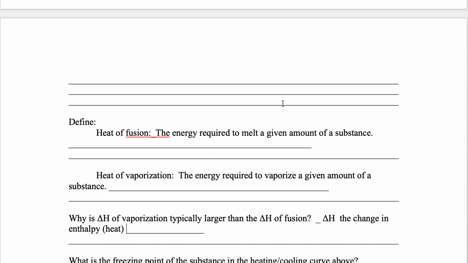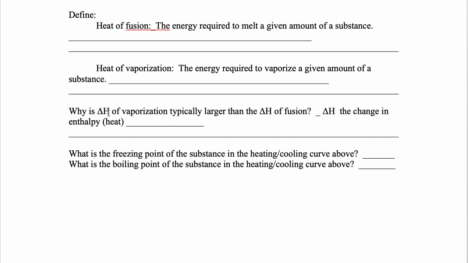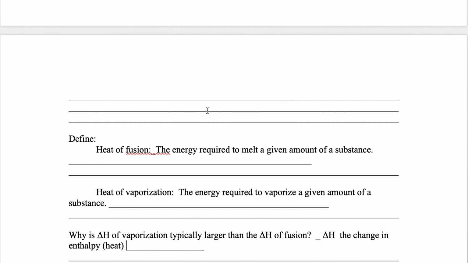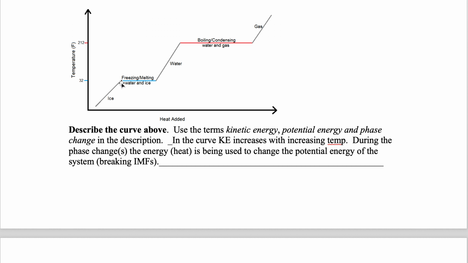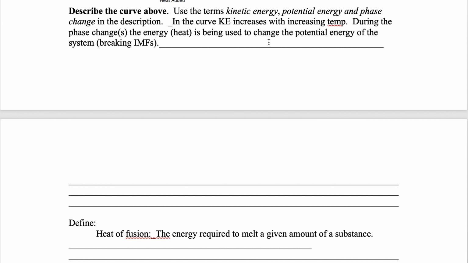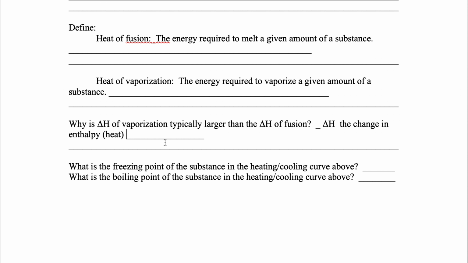And so what this says is, why is delta H of vaporization typically larger than delta H of fusion, is saying, why does it require more energy to melt stuff than it does to boil it? That's what that says right there.